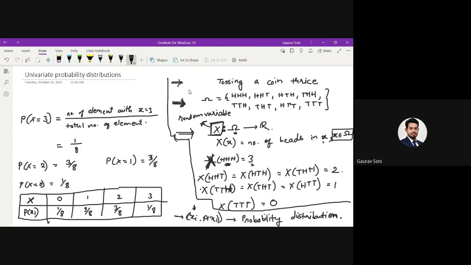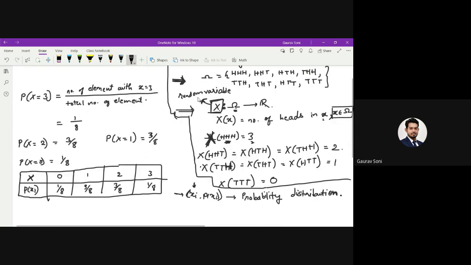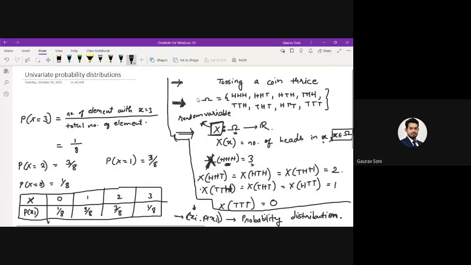Then for each value of x, I have a certain probability, and you have this probability distribution. The summation of all those probabilities is 1. So that's why the total probability 1 is distributed over all the values of the random variable. So we will write down this, and then we'll see what the different types of random variables are, and depending on them, we'll have different types of probability distributions.